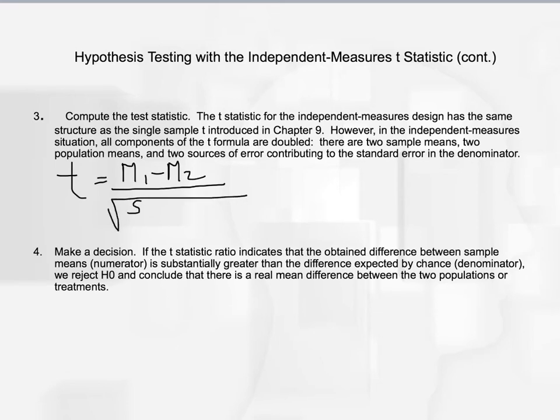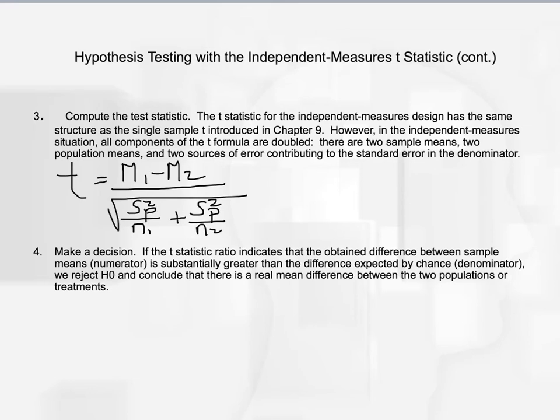You have the average variance for both groups, divided by the sample size in one group, plus the average variance, or the pooled variance, divided by the sample size in the second group.